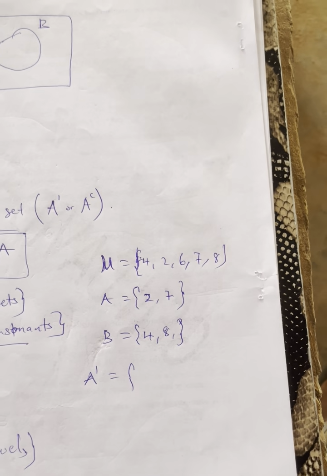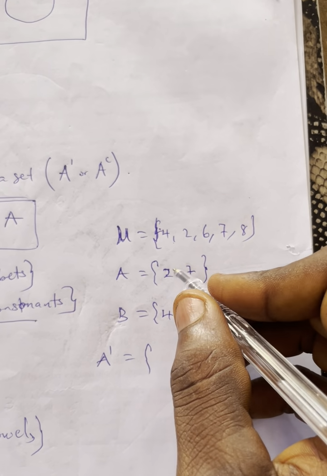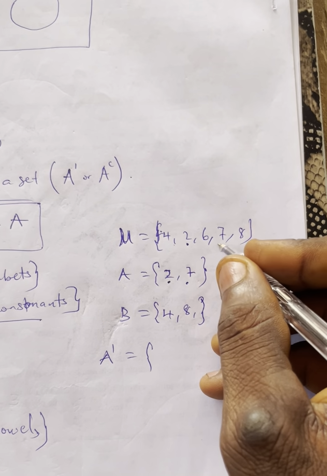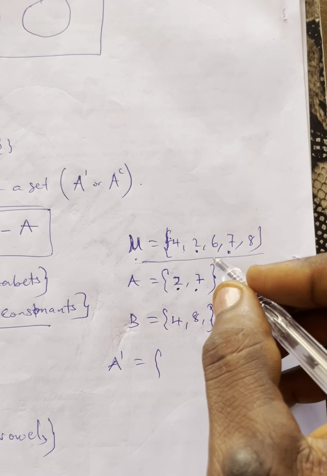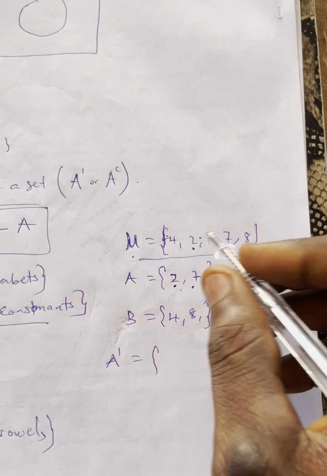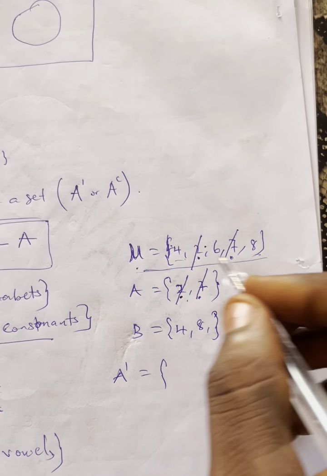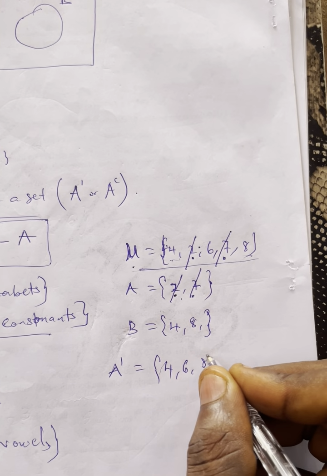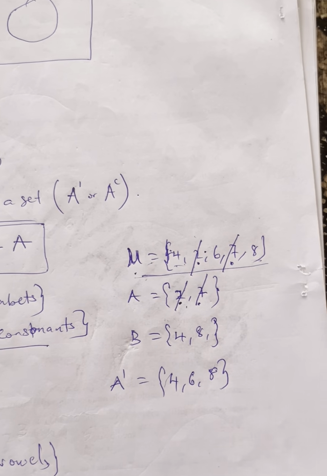A complement here means, let us remove all the elements of A from the universal set. That means we have 2 here, we have 2 here. We have 7 here, we have 7 here. So what are the remaining values in the universal set? That's 4, 6, and 8. So this is the example of A complement.